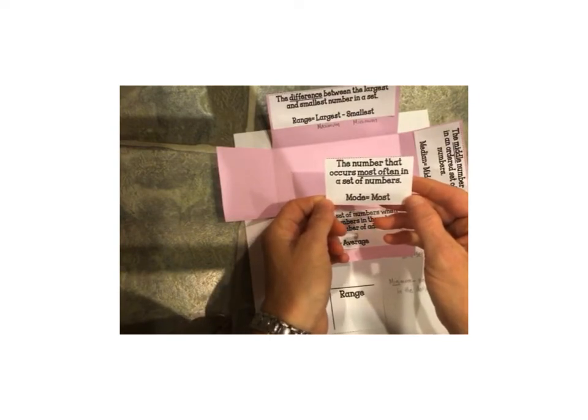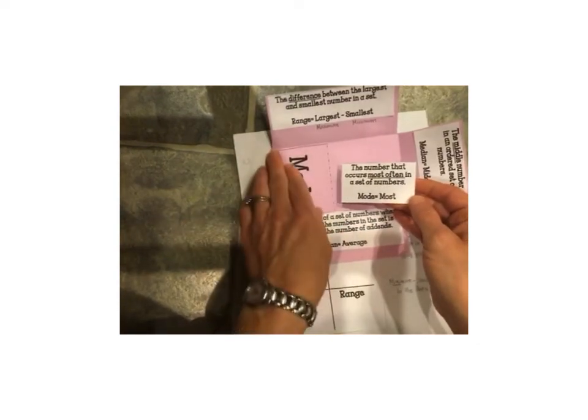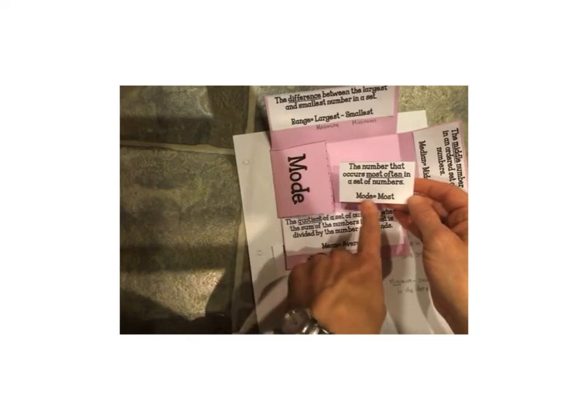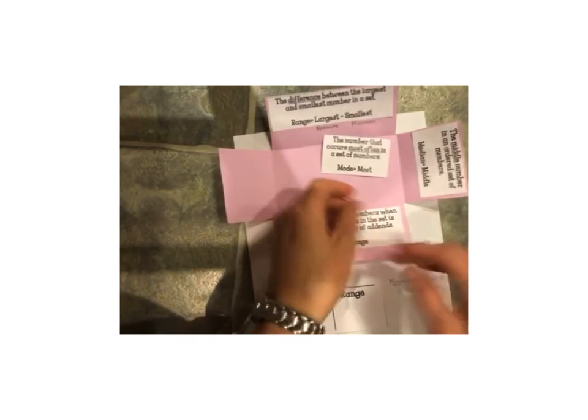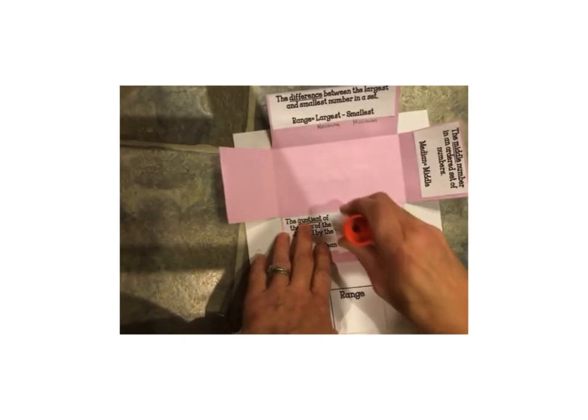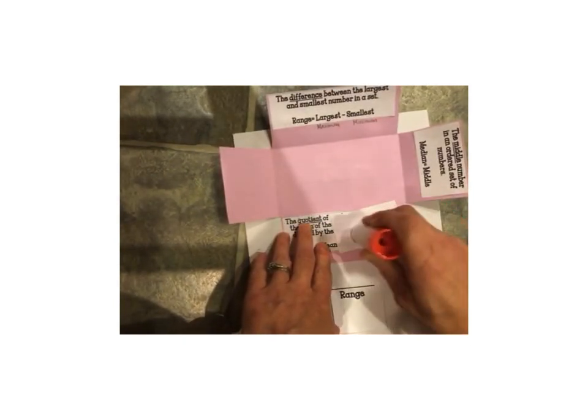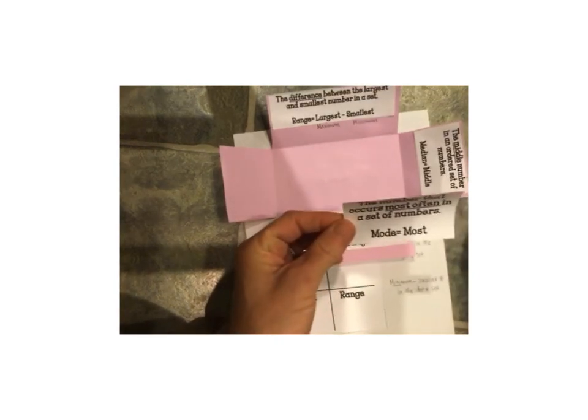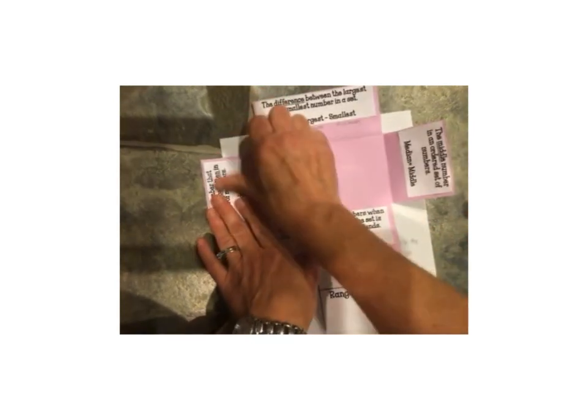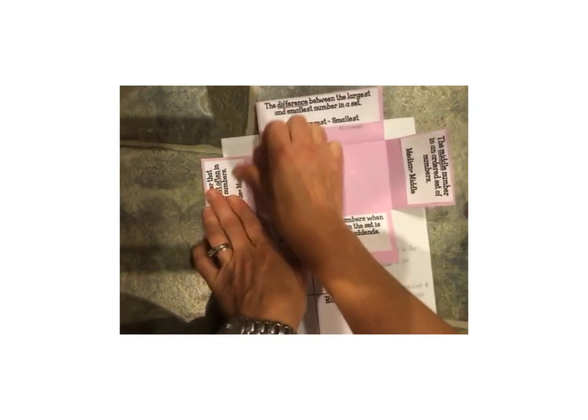The number that occurs most often is my mode. So see how mode and most both start with the MO? So it's the one that's there. It's not the largest number, but it's the number that's there more than all the other numbers. So I might have a couple of them in my data set. So again, we will practice all of these in class together.